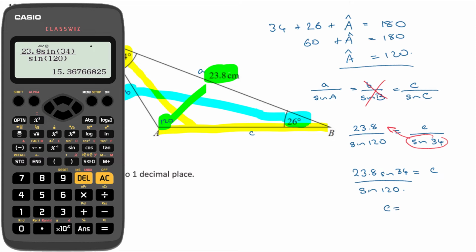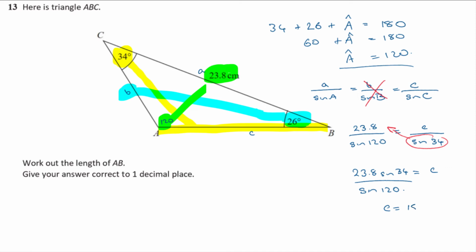So C is equal to 15.4 centimeters. Now again, just before I move on, does that look sensible? Well, the longest side there is that 23.8. 15.4 looks reasonable. I'm quite happy with that. It doesn't look out of place. So yeah, I'm going to move on.